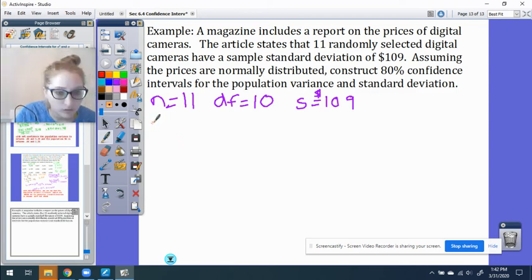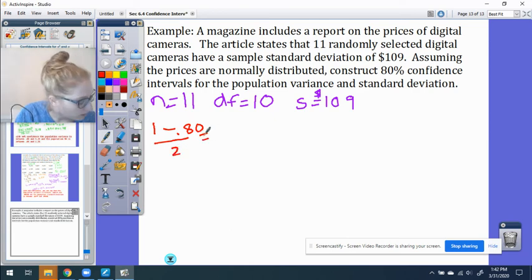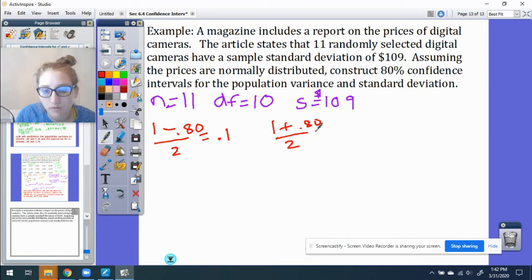So we are going to do 1 minus 0.80 divided by 2. And that is going to give me 0.1. And then we're going to do 1 plus 0.80 divided by 2. And that is going to give me 0.9.